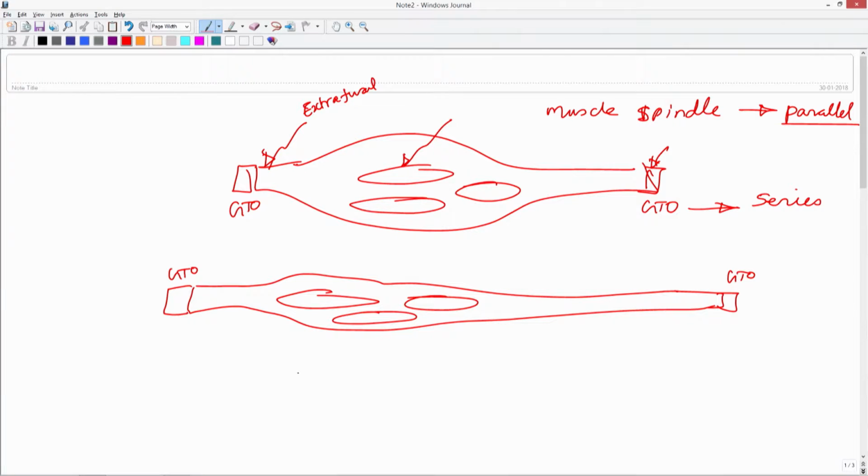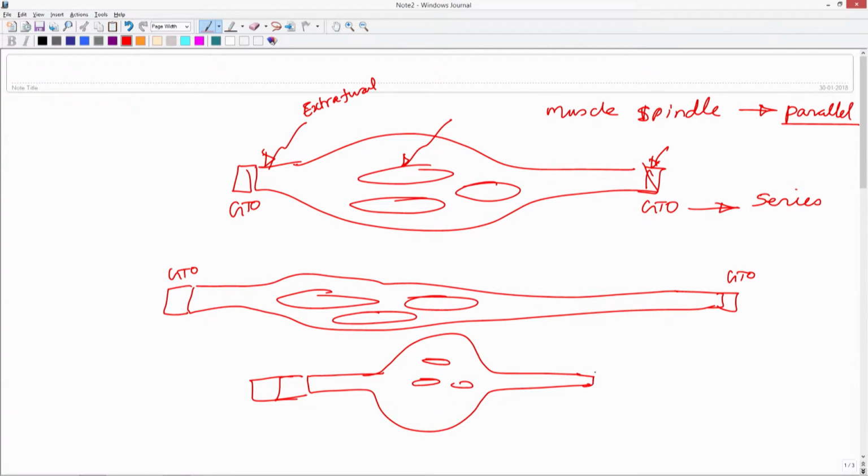Whereas when the muscle shortens, the GTO gets elongated.